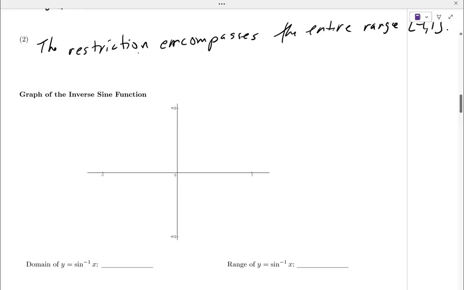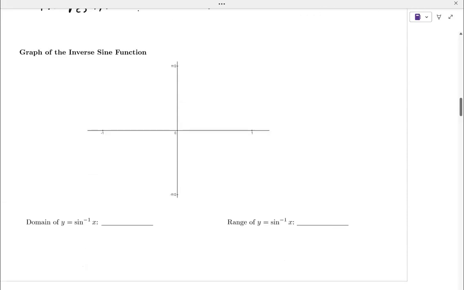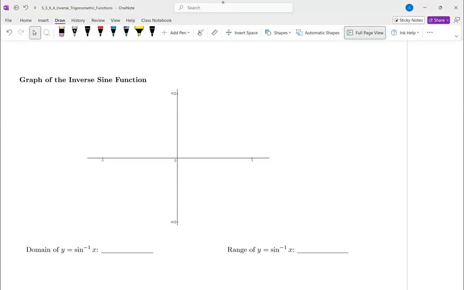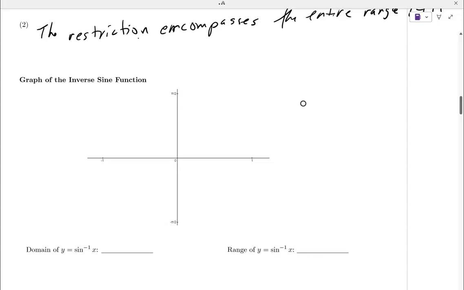Okay. All right, so let's talk about the graph of the inverse sine function. I'm going to put the original on here. You don't have to draw the original graph if you don't want to. To start with, I'm going to put it on here just to help. The original would go through 1.